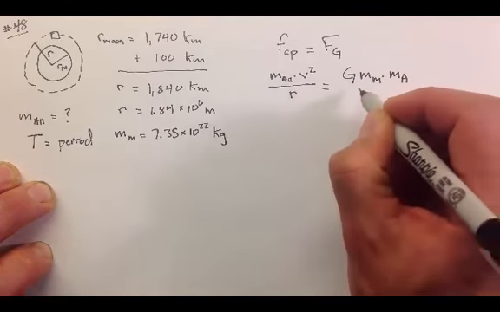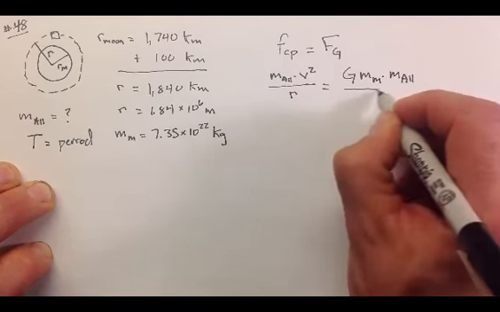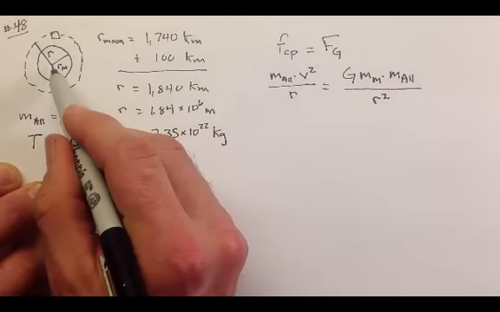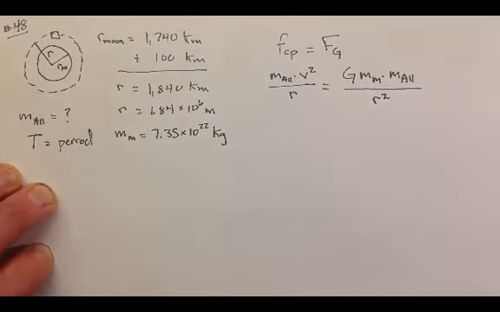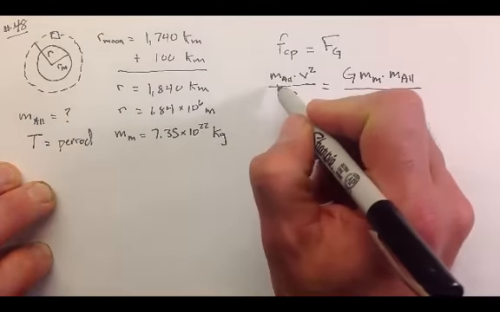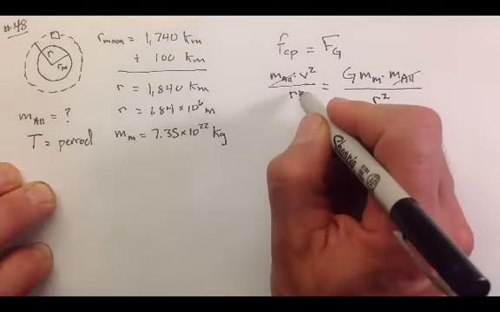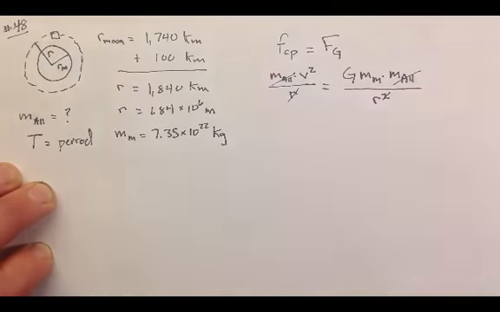And by Newton's universal law of gravitation, the force of gravity between the moon and Apollo 11 would look like this. And believe it or not, I think this is the equation we can use to solve for what we're missing here. And of course, the mass of Apollo 11 is going to cancel out, and one of these r's is going to cancel out.